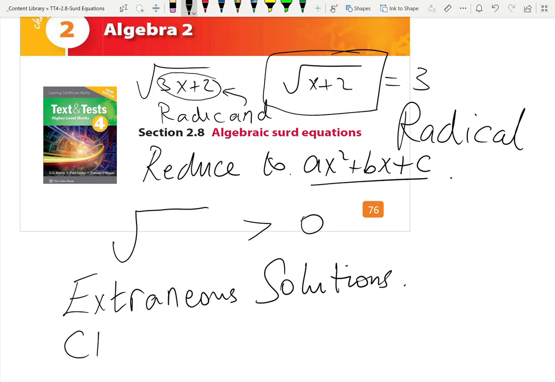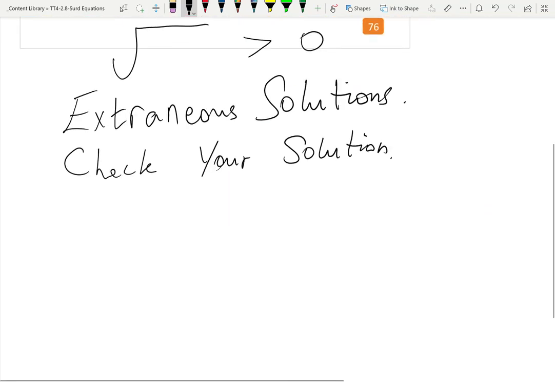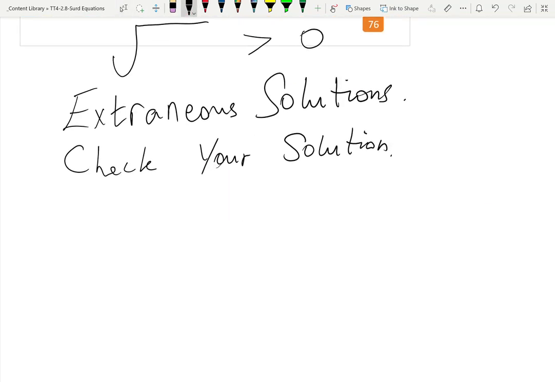So you should always check your solutions. The process is not foolproof, and the reason is very simple. We'll make a statement that the square root of minus 2 squared equals 4.